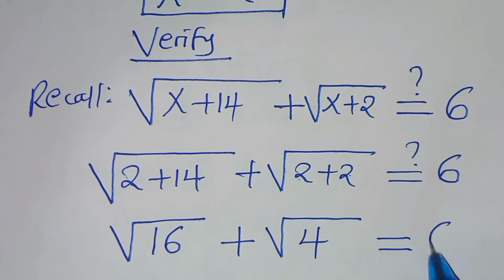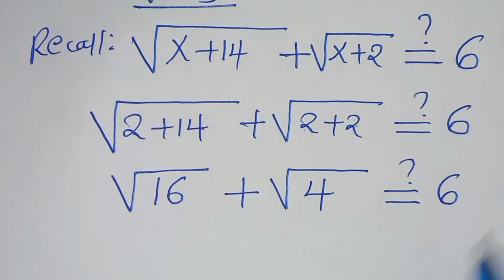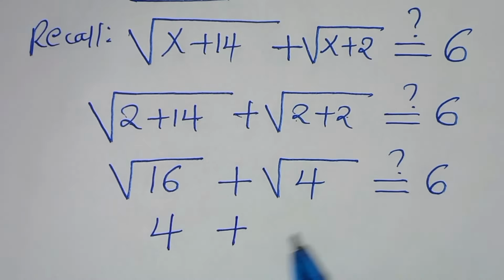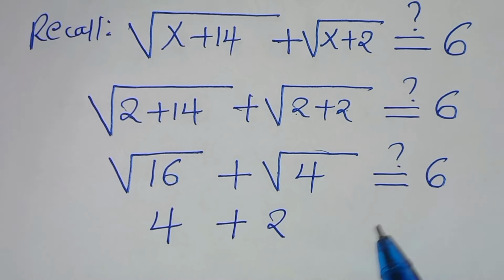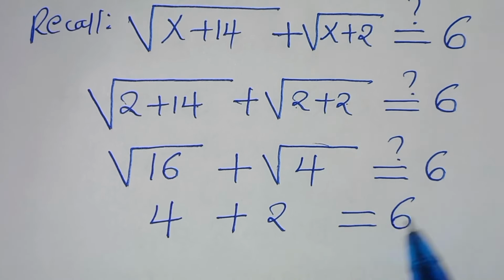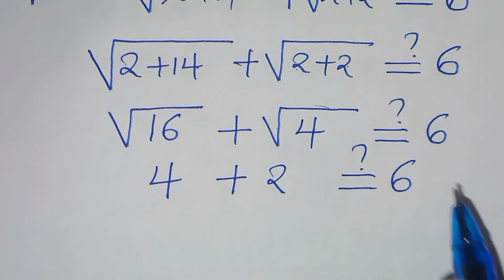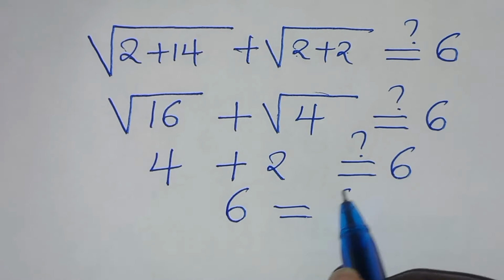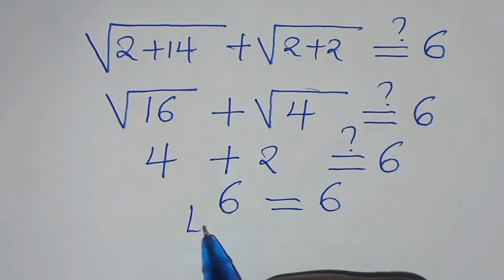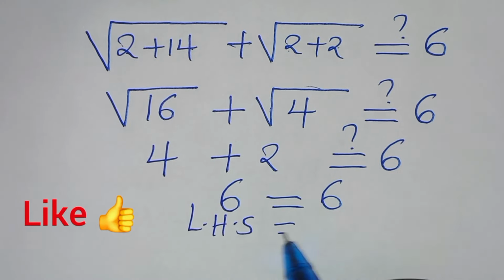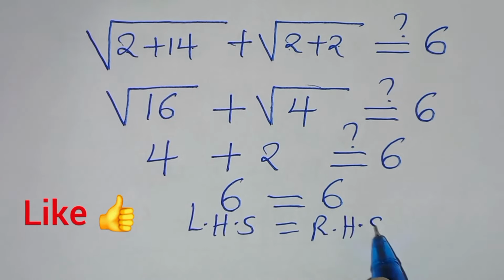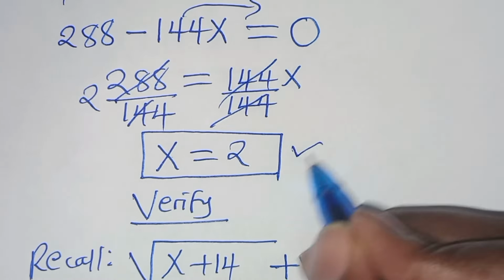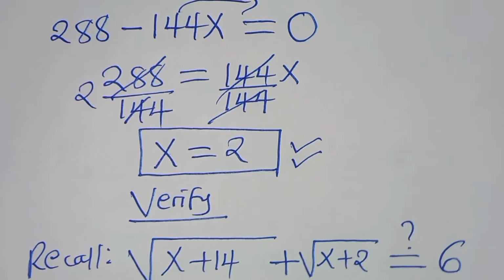Square root of 16, this is 4, plus square root of 4, this is 2. So 4 plus 2, this is equal to 6, which is equal to 6. So the left hand side is equal to the right hand side. And this implies that the value of x, which is equal to 2, satisfies the equation.